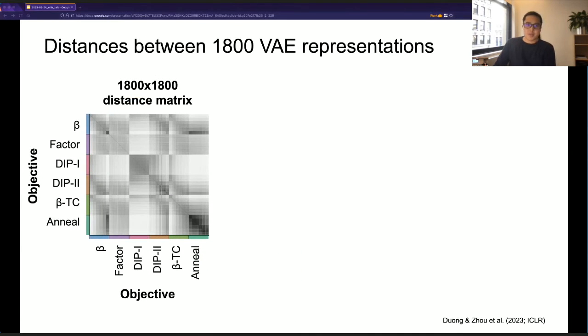So I computed distances between 1,800 VAE latent representations trained on a simple data set called D-sprites. Each one is trained using a different class of objective functions here in colors. The details are not important for this talk. But you can just think of them as different objectives and different hyperparameters within each objective.